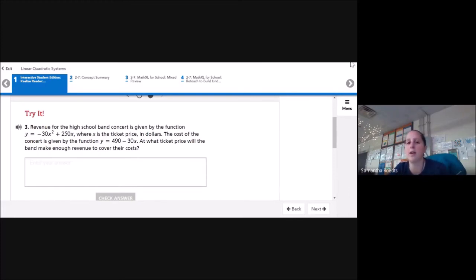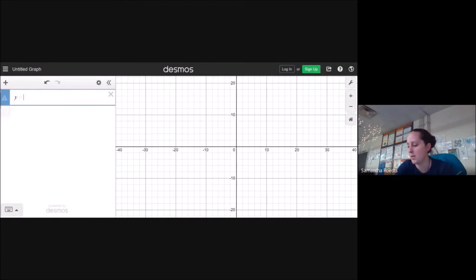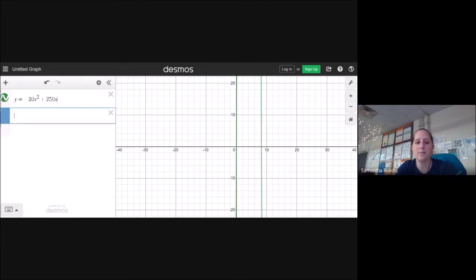Okay, so I'm going to go ahead and graph those. So y equals negative 30x squared plus 250x. Okay, and then y equals 490 minus 30x.